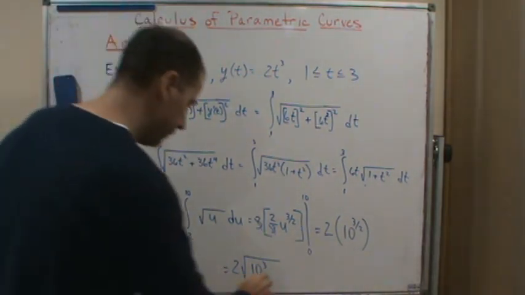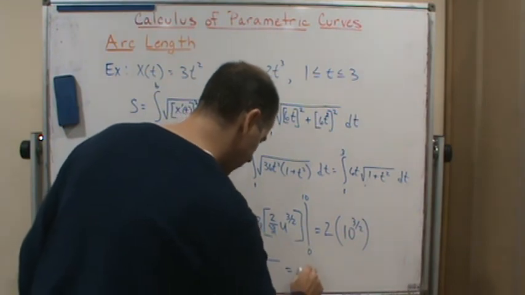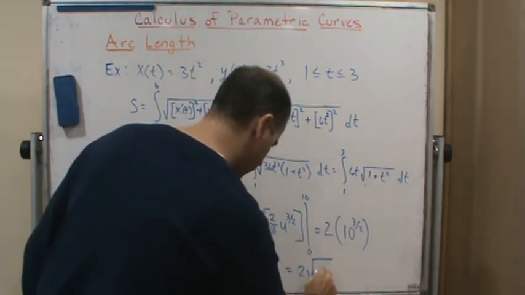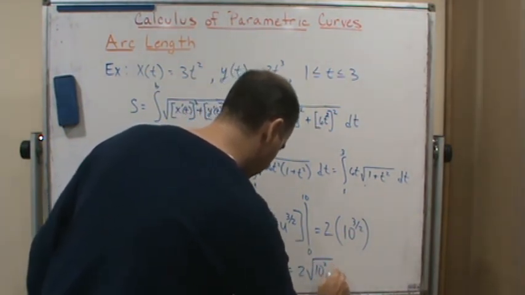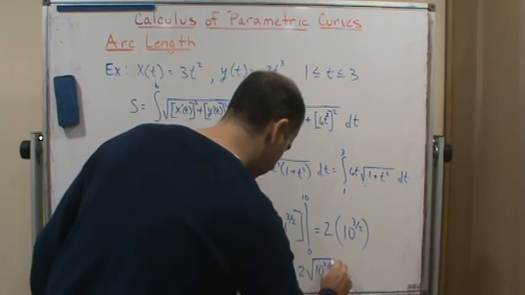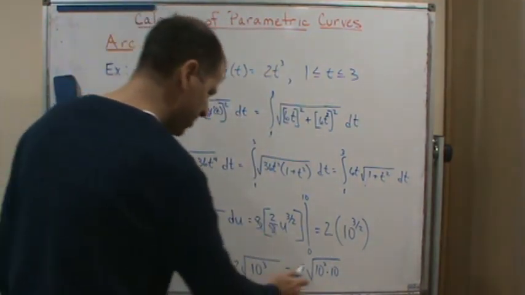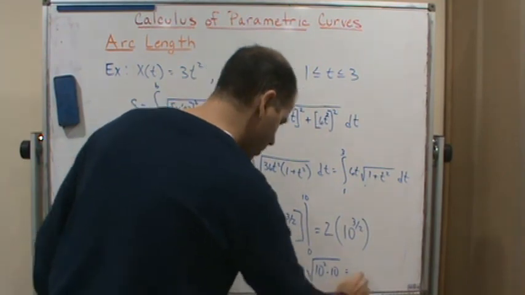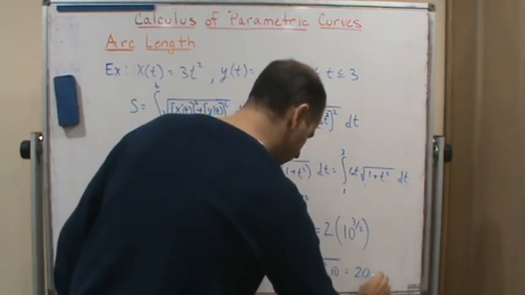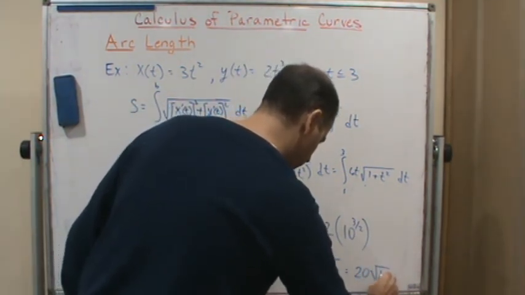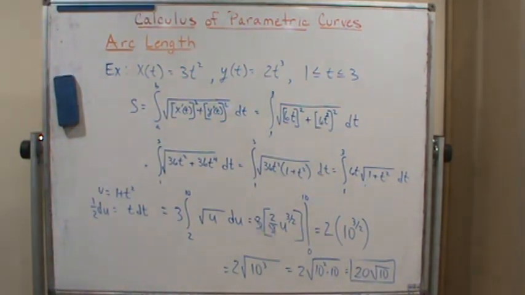Well, this is just going to be 2 times the square root of 10 squared times 10, right? And so this is going to become 20 times the square root of 10. And that is our answer.